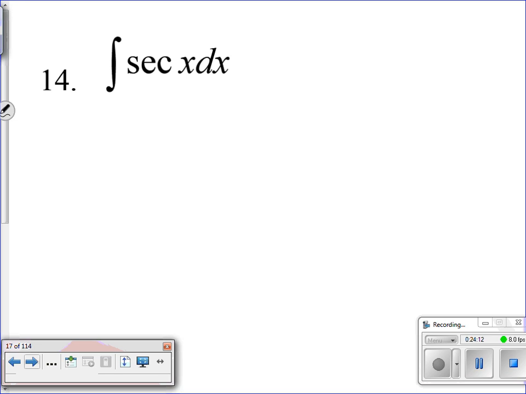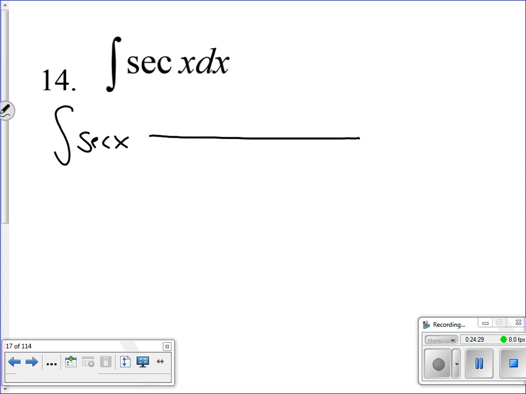14. Well, when you have to integrate secant x, you got to remember what we did. There was something I showed you in class. I said, once I show it to you, you just got to remember the technique. So what we do is, to integrate the secant of x, we multiply by a crazy form of the number 1, right? 1 is anything over itself.